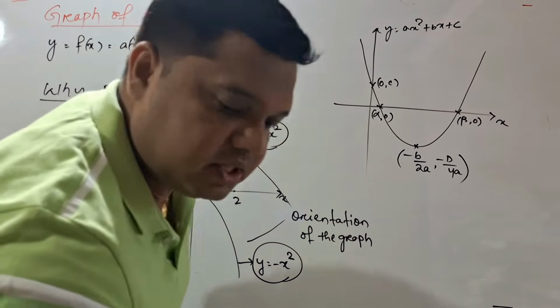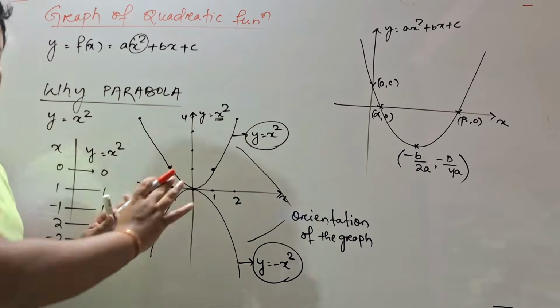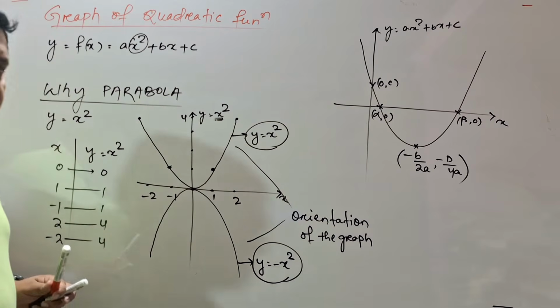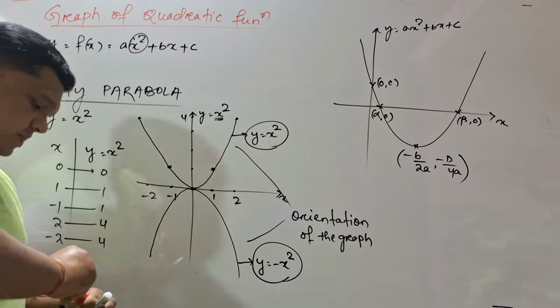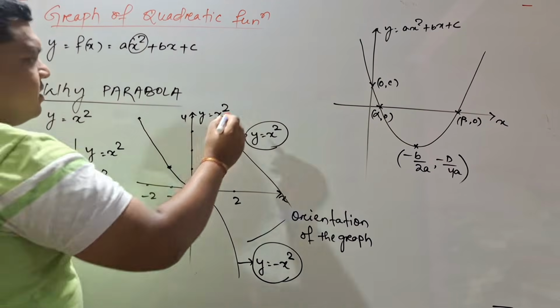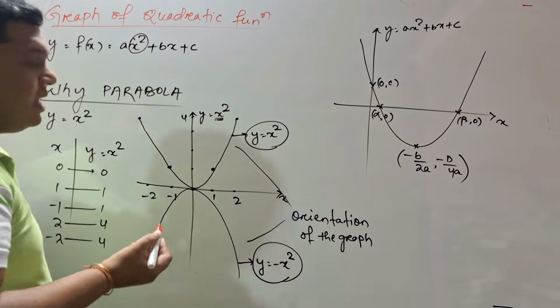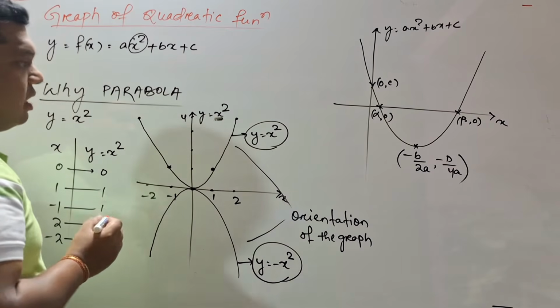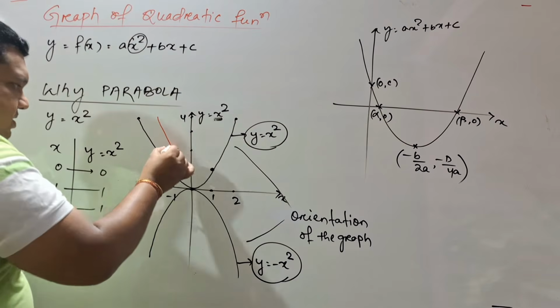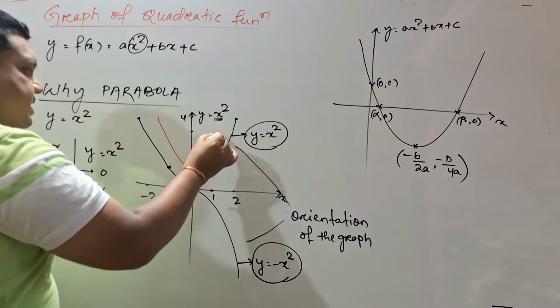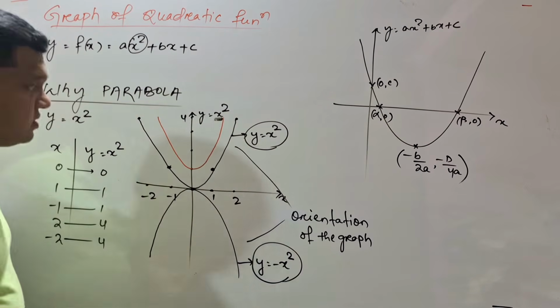A little information about this graph. Don't worry, I will explain that particularly. But look here, how I will derive this structure. Suppose I am going to draw y equal to x square plus 1. How to draw y equal to x square plus 1? X square plus 1 means this parabola is shifted 1 unit up.